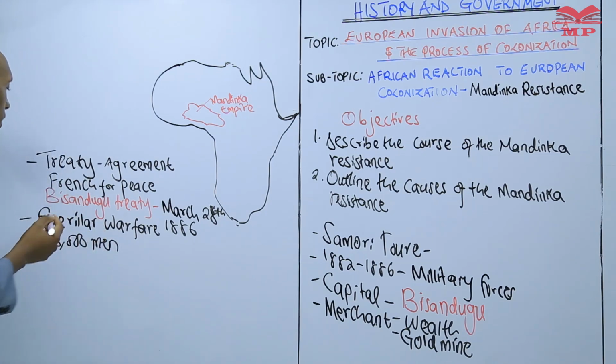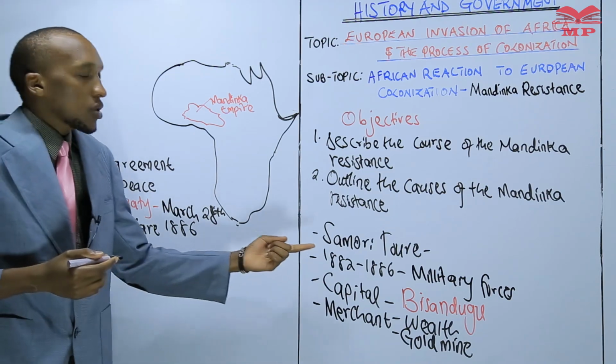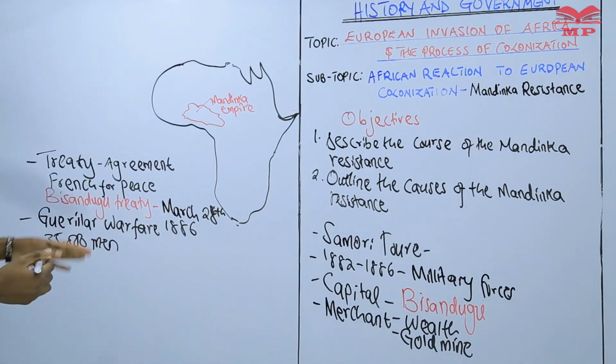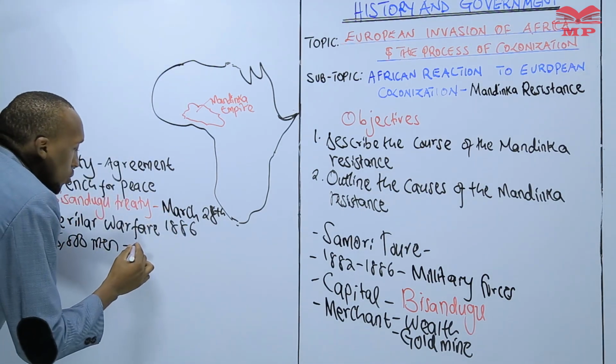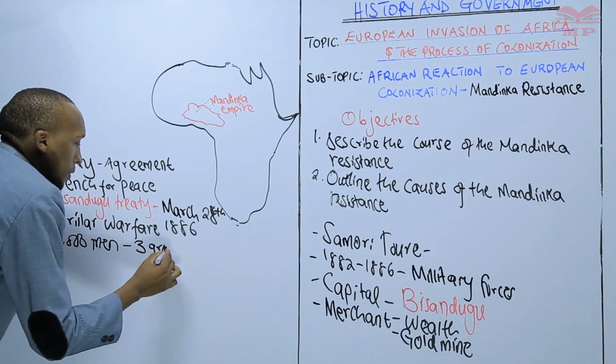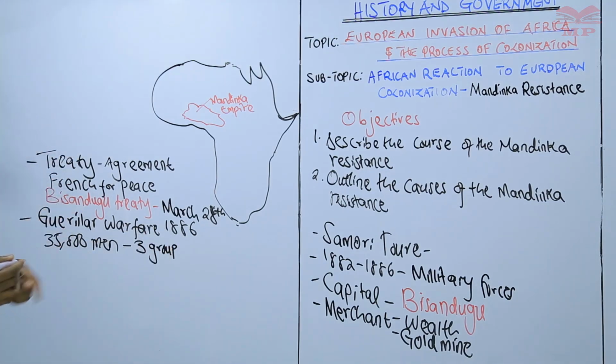Of these 35,000 men, Samori Toure was a well-trained soldier. So he divided these men into 3 groups. This is how he conducted his warfare.